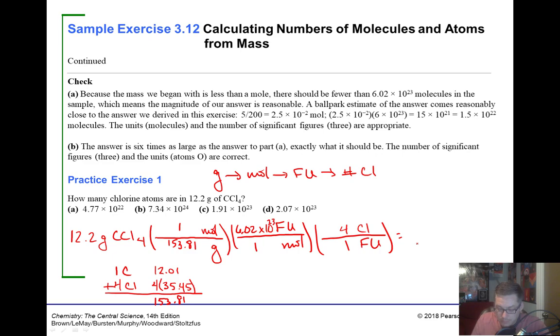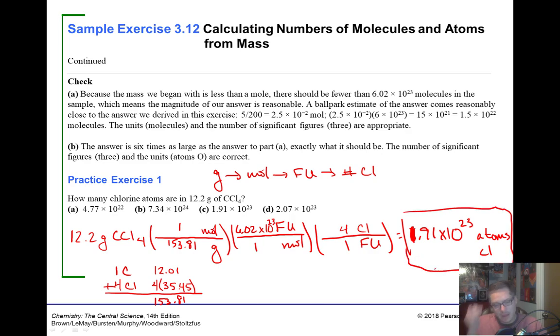There are 3 sig figs, so I got 1.91 times 10 to the 23rd atoms of chlorine.